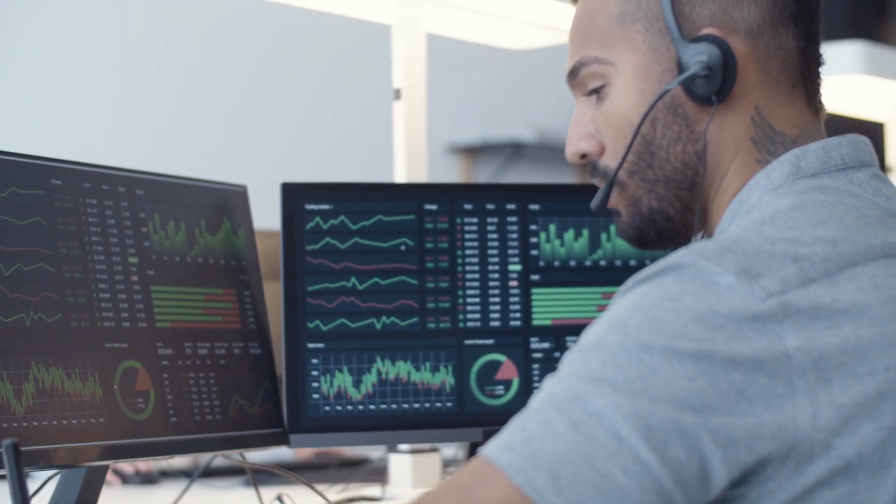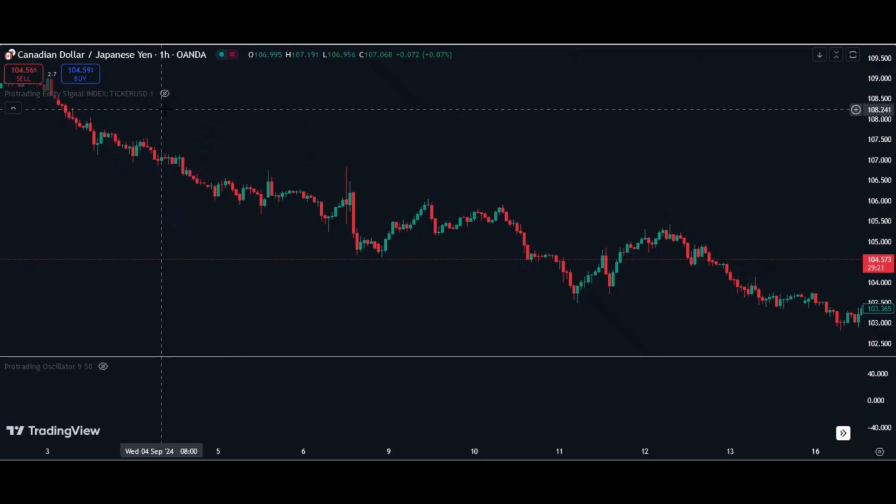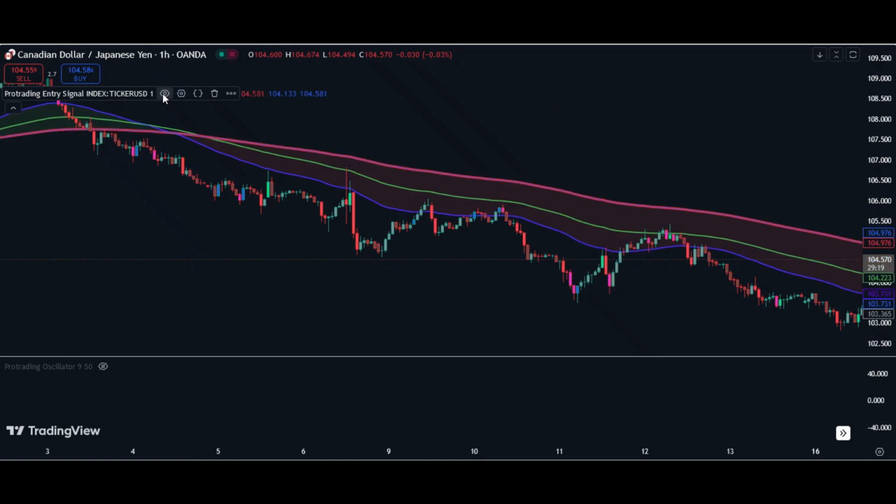The first indicator which we will be sharing today is our pro trading entry signal. The pro trading entry signal indicator has a combination of moving averages optimized to work as a trend detecting indicator. So it helps us to filter out multiple fluctuations in the market.